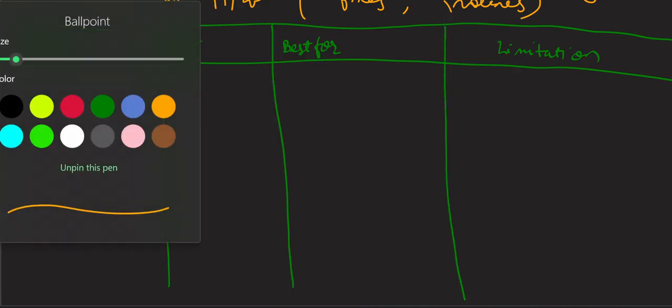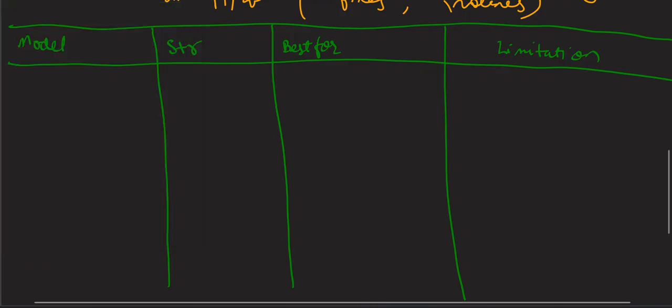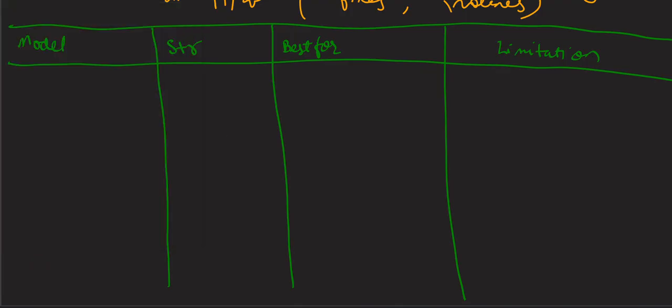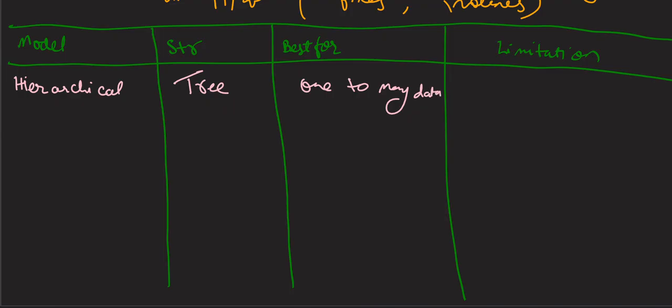तो सबसे पहले हम लोग देखेंगे हायरार्किकल। हायरार्किकल का स्ट्रक्चर क्या होता था? ट्री लाइक स्ट्रक्चर, एंड इट इज बेस्ट फॉर वन टू मेनी डेटा, ओके। एंड लिमिटेशन इज rigid structure. ठीक है.